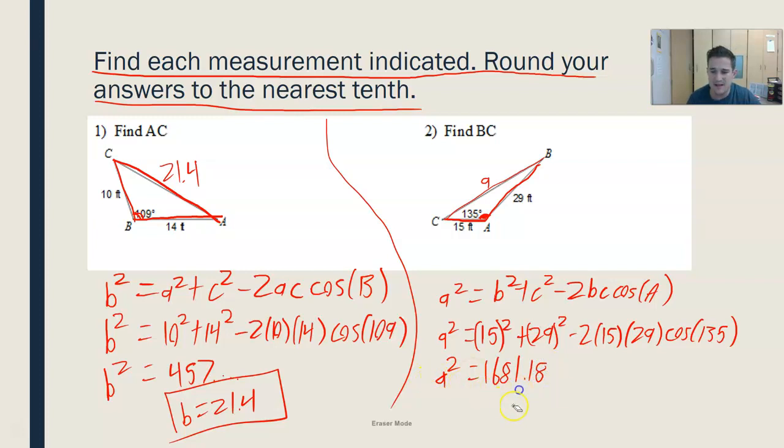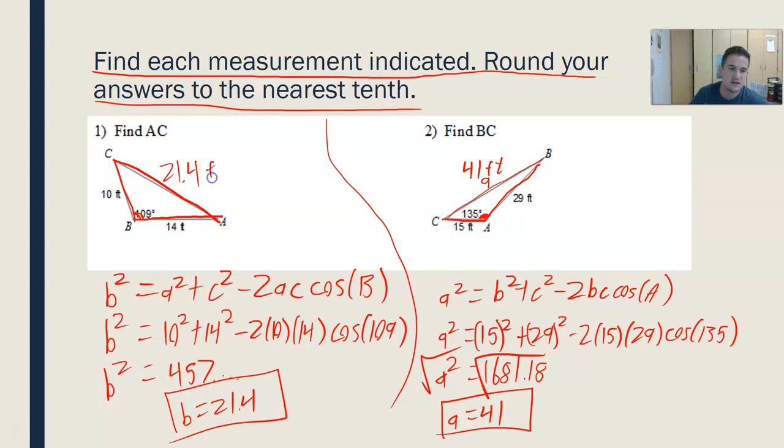But that can't be my side length. That doesn't even make sense in the context of this problem, so I have to square root 1,681.18, and I get A equals 41. A equals 41, and this is in feet.